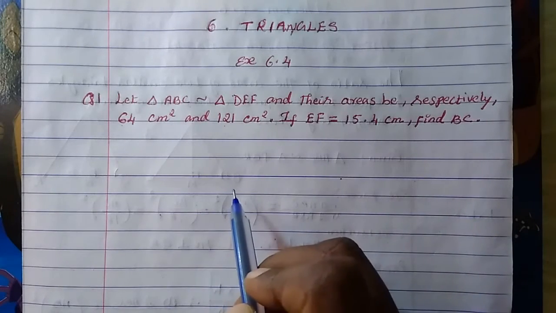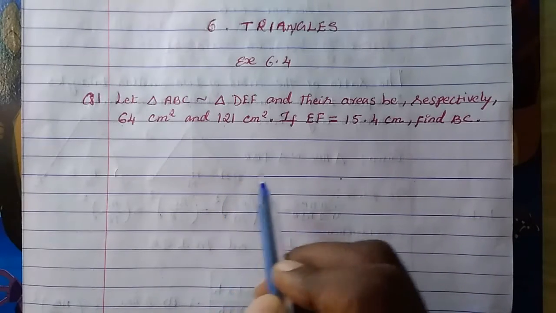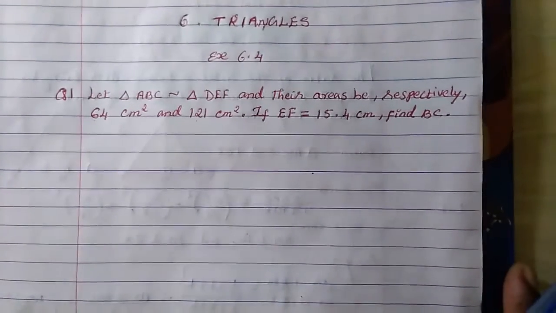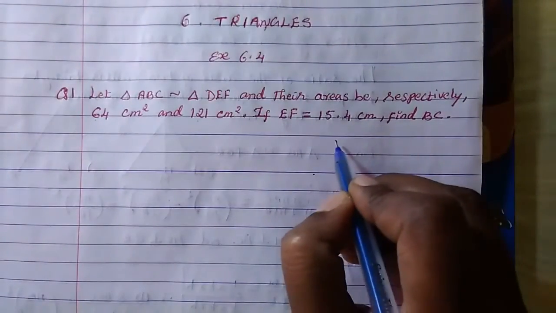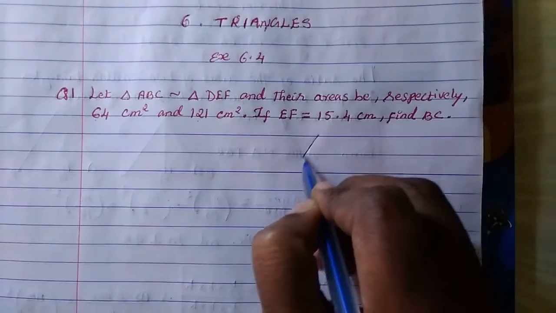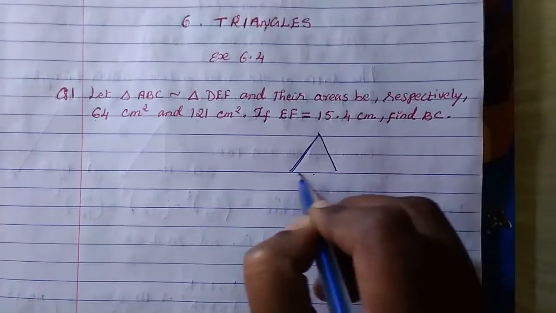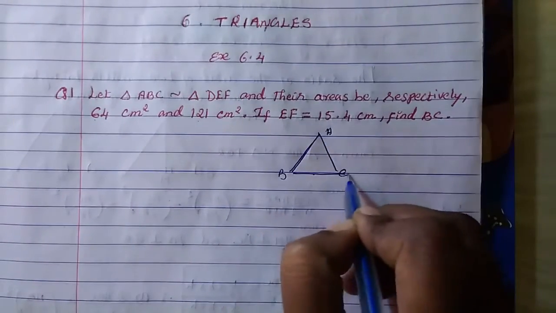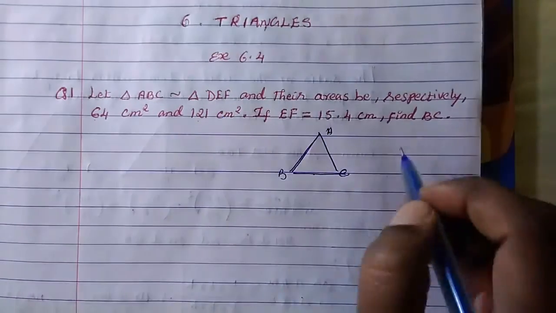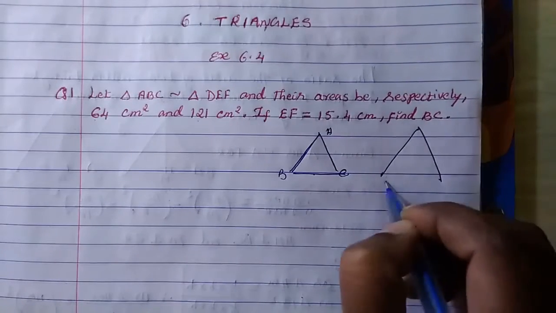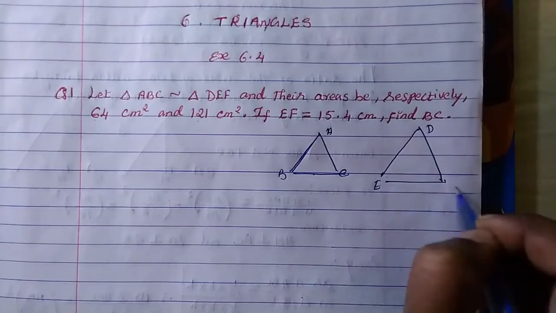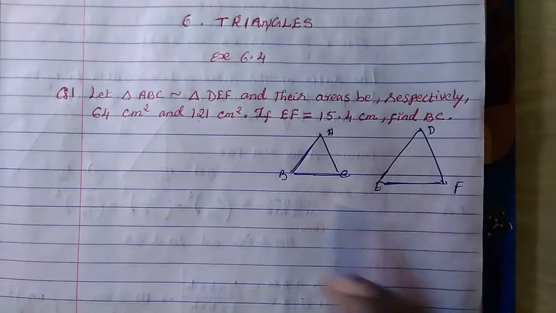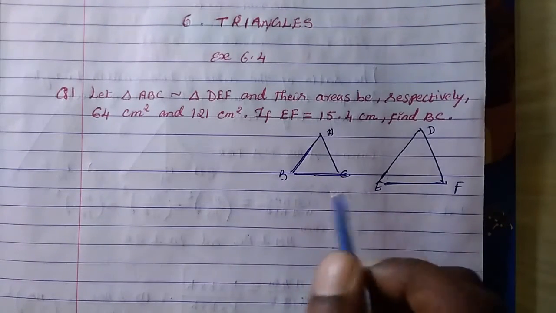If you have studied theorem 6.6, we have studied the areas of the triangles. Okay, I'll explain to you. For example, if we have two triangles, ABC, one triangle, then DEF. These are the two triangles. We have studied their areas.